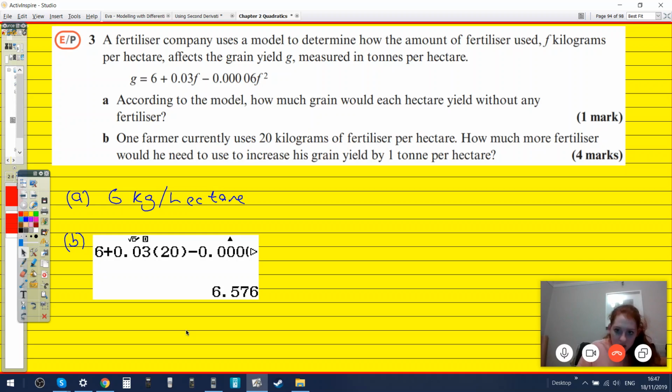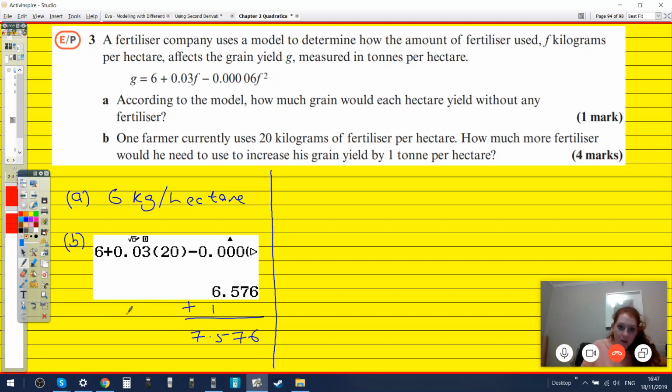he wants to increase it by 1 ton. So if we add 1 to that to make it 7.576. Yeah. Oh yeah.